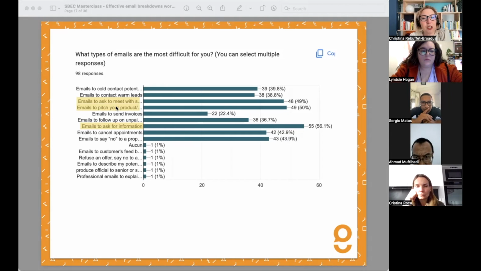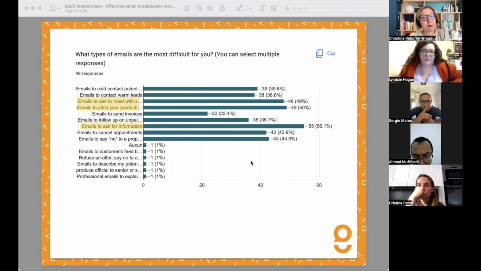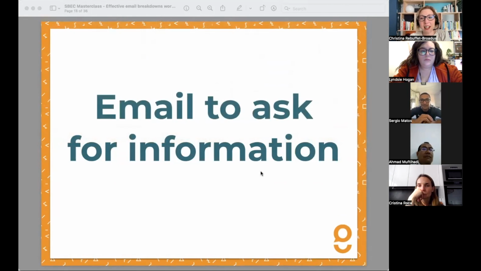Emails to pitch your product or your service, we'll look at that, and emails to ask to meet with someone. So those are the three emails that we're going to look at, but in your gift that's waiting for you at the end of this workshop, you'll have lots of other emails to help you.